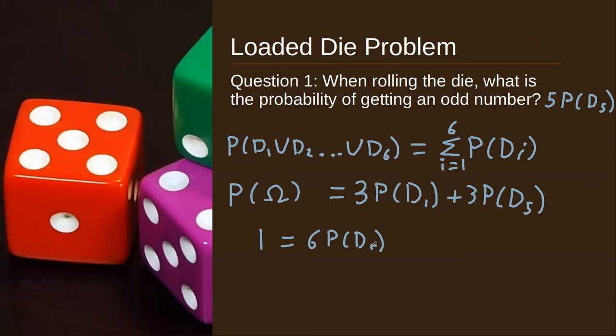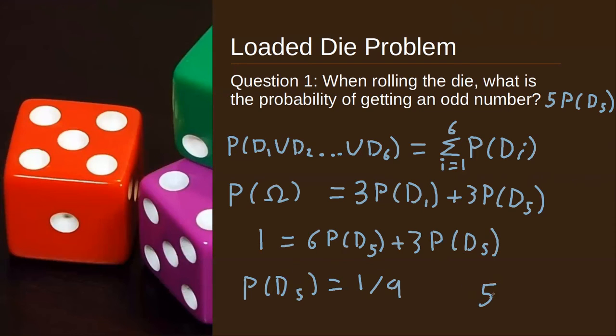Oh, sorry, d5, plus 3 times the probability of d5. And now we can see that the probability of rolling a 5 is going to be equal to 1 divided by 9. And then we immediately get the answer that the probability of getting an odd number is 5 divided by 9, because of what we remember here from before.